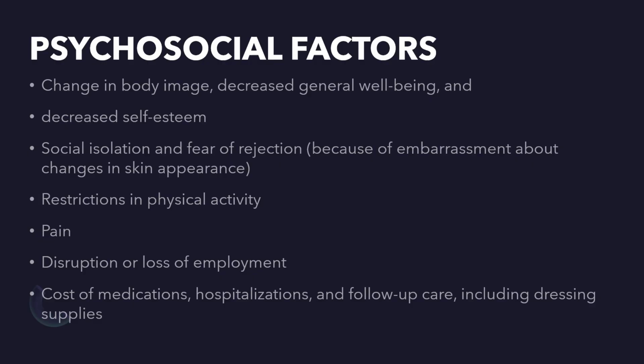Also there are restrictions in physical activity, because if an individual has a skin disease, they might not like to expose themselves in a public area, such as a gym. Many skin conditions can lead to pain, disruption or loss of employment, cost of medications, hospitalization, and follow-up care, including dressing supplies. So these are all the psychosocial factors that can affect a person suffering from an integumentary problem.